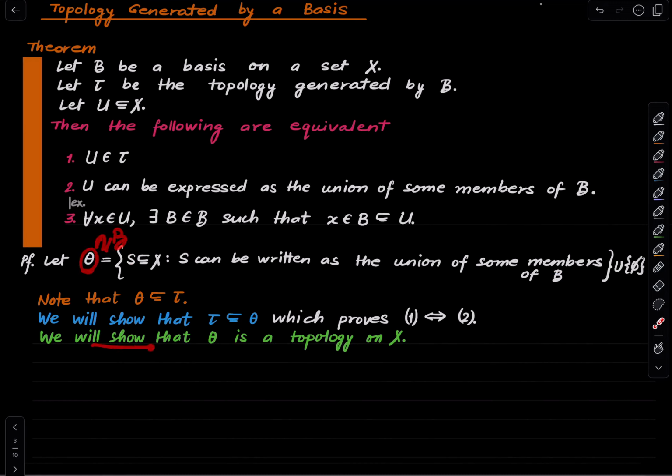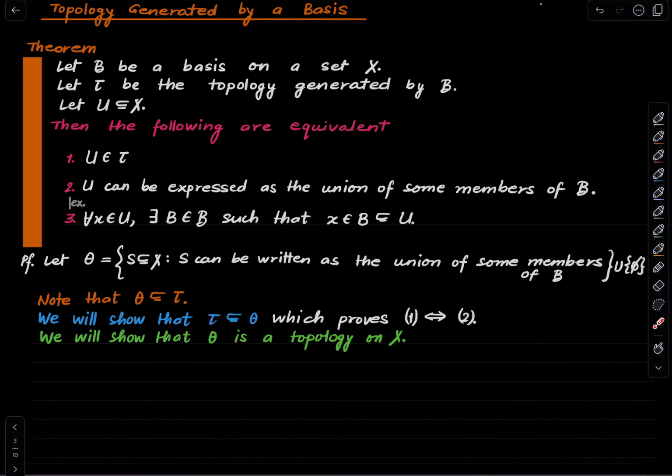And once we show that theta is a topology, theta therefore would contain the topology generated by the basis. The topology generated by the basis is the least expensive topology that contains the basis. Theta would then be a particular topology that contains the basis. So the least expensive topology that contains the basis should therefore be contained in theta.